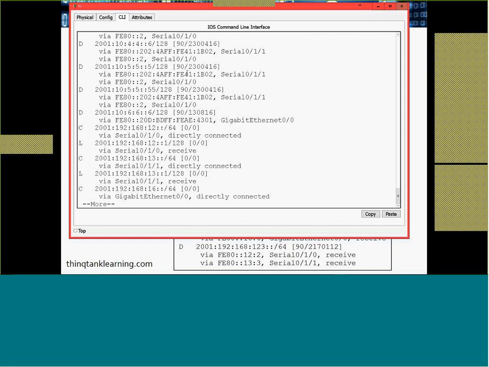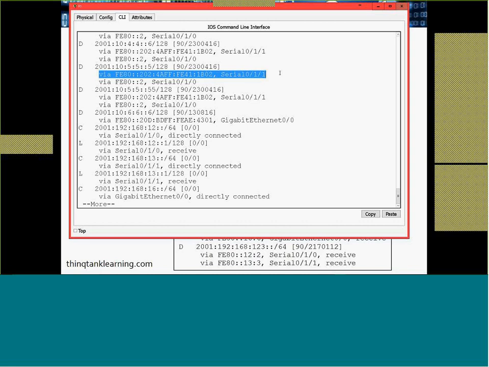I can see it right here, right? You guys agree? And I can see that it does equal cost load balancing across these two links. So the format of the table is slightly different, but the overall concept is exactly the same.